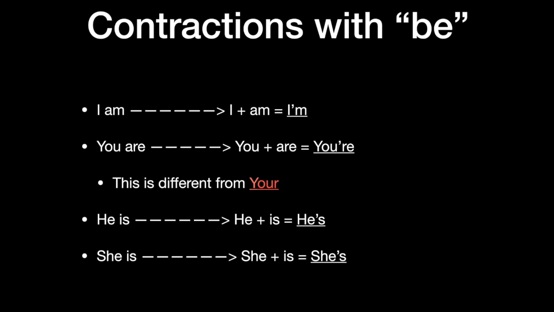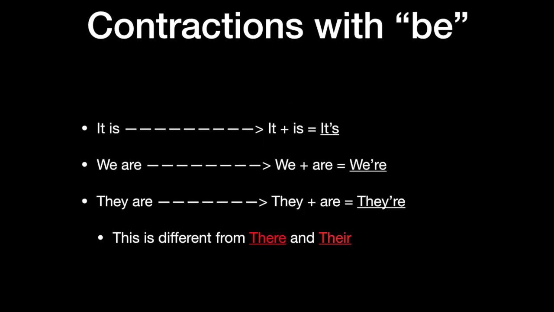So I'll continue on. We have he is, he's, she is, she's. And here are a couple more. We have it is, it's, we are, we're, they are, and they're.